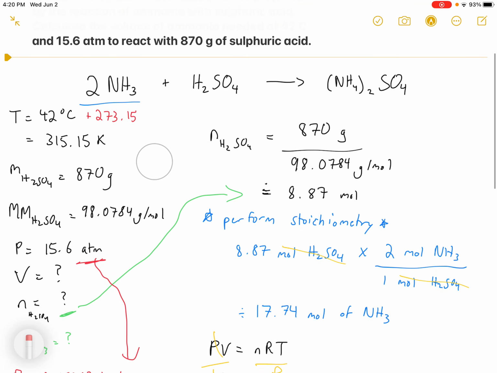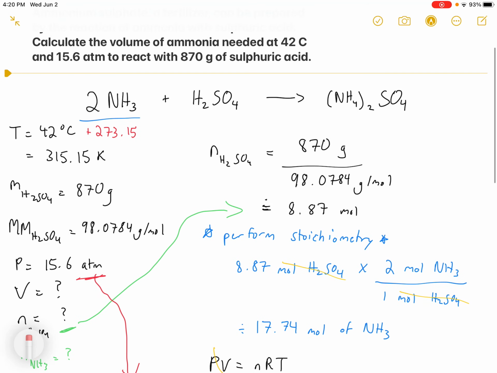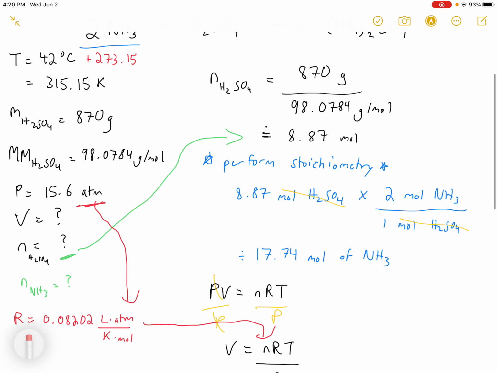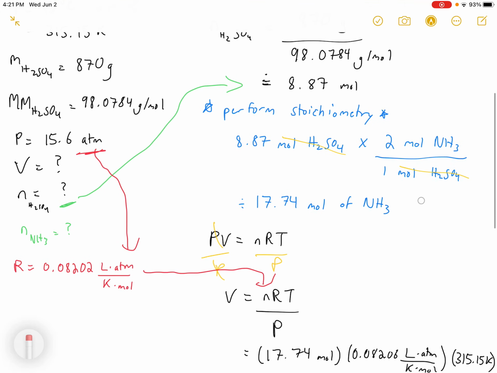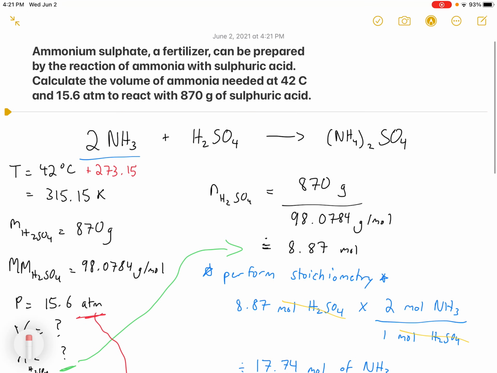We knew that we were given a mass of sulfuric acid, and we know that we have to compare moles in stoichiometry. So we determined the moles of sulfuric acid, and then we set up our equivalent proportion multiplier as we did in previous units in the course to figure out how many moles of ammonia would be needed, because we were asked for a volume of ammonia, right?